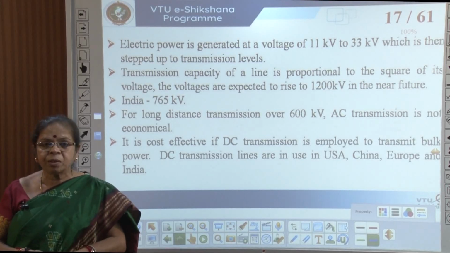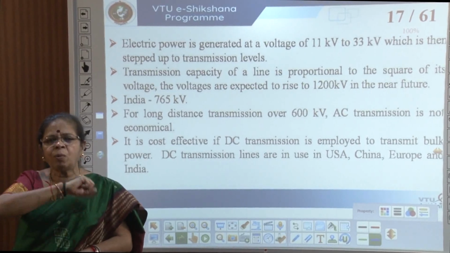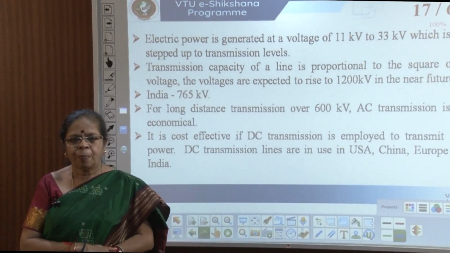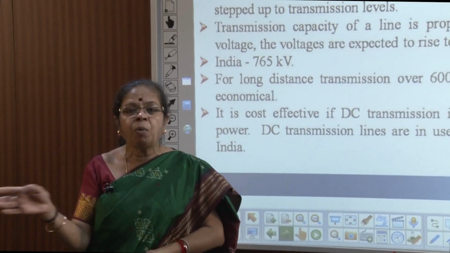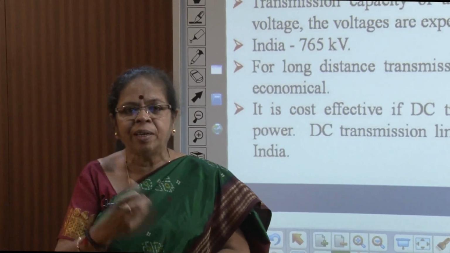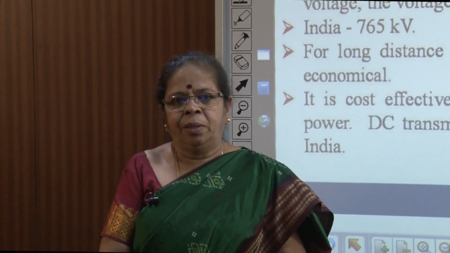Now, by then, please remember, in these 7 decades, 70 years, all our products were AC. Motors, lamps, everything, they were all working on AC. We still didn't have computers and mobiles which needed DC for charging. So, the loads were all AC.